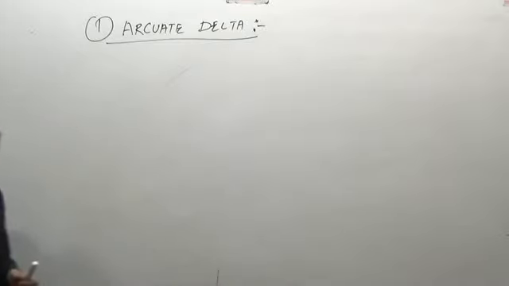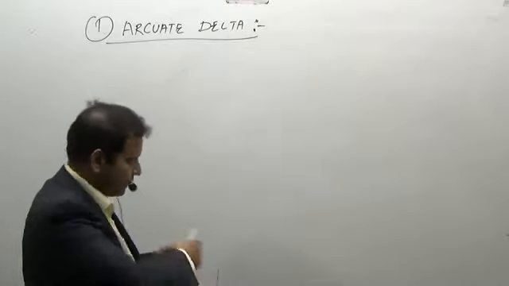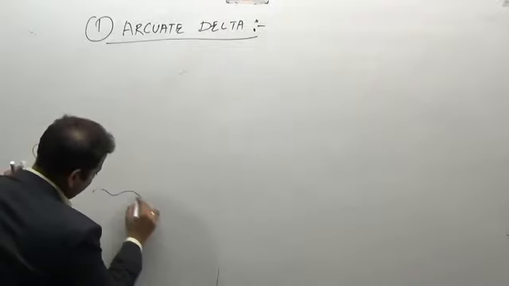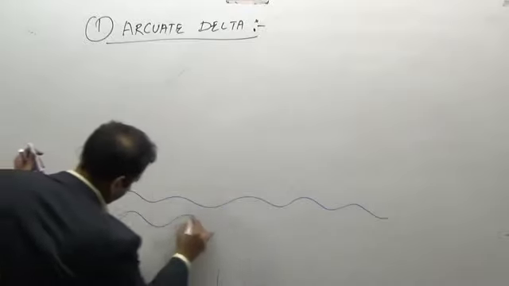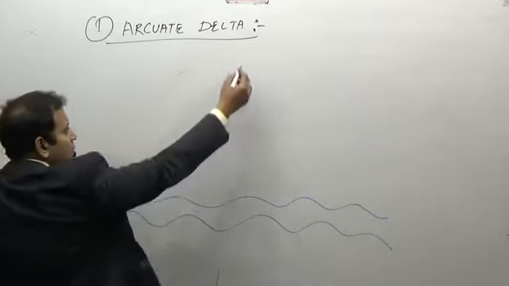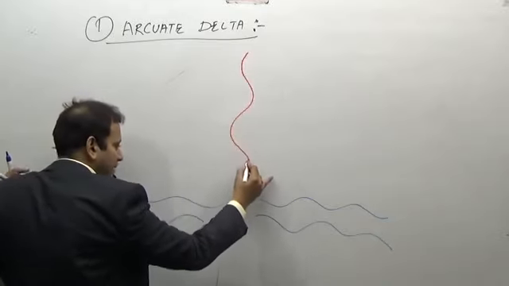Before I move on, look here at how the arcuate delta will look. If this is the seawater, the main channel of a river is carrying a large amount of sediments.